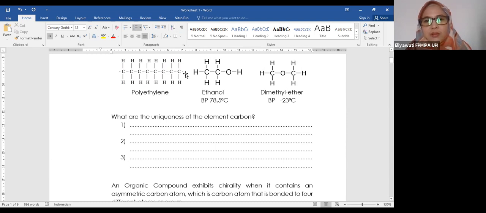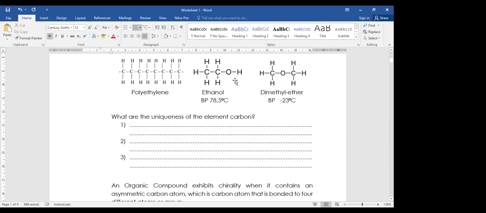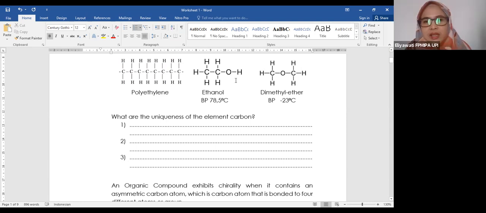Means both of them have the same molecular formula. But let's see the boiling point. BP is boiling point. The boiling point of them is different. Ethanol has 27.5 Celsius degree, while dimethyl ether has minus 23 Celsius degree.